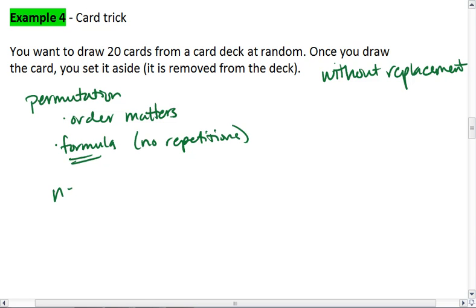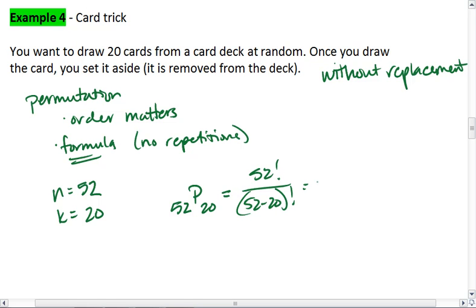We realize that in a standard deck of cards there are 52 cards to choose from. We are choosing 20 of them. So this is 52 p 20, which is 52 factorial over 52 minus 20 factorial, 52 factorial over 32 factorial.